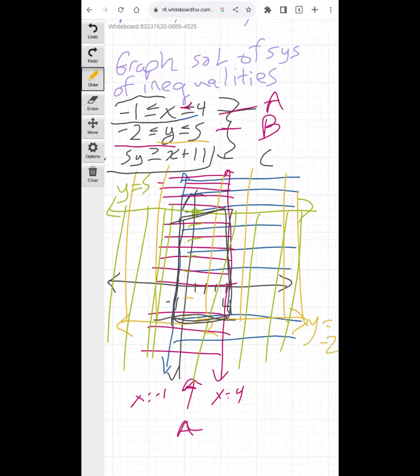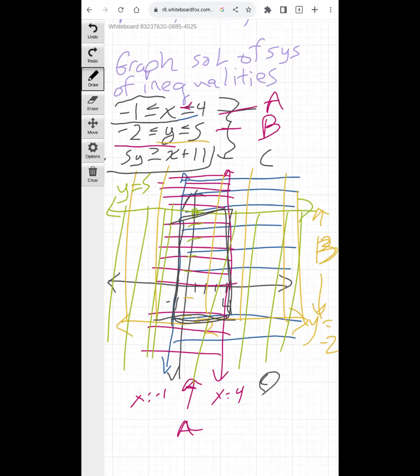The green line is y equals 5. So I'm going to call this area, between the line y equals 5 and y equals -2, inequality B. And now we're going to work with inequality C.